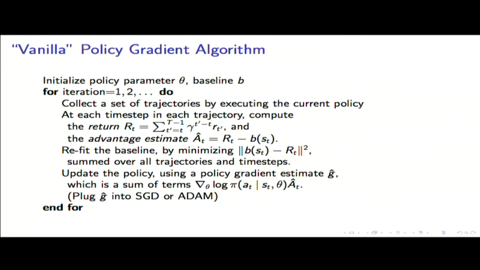How many trajectories do you usually sample to get pretty good variance? It'll depend on how long the trajectories are and how complicated the problem is, I mean, how many samples you need to get a good gradient estimate. And usually you can have a noisier gradient estimate if you shrink the step size.